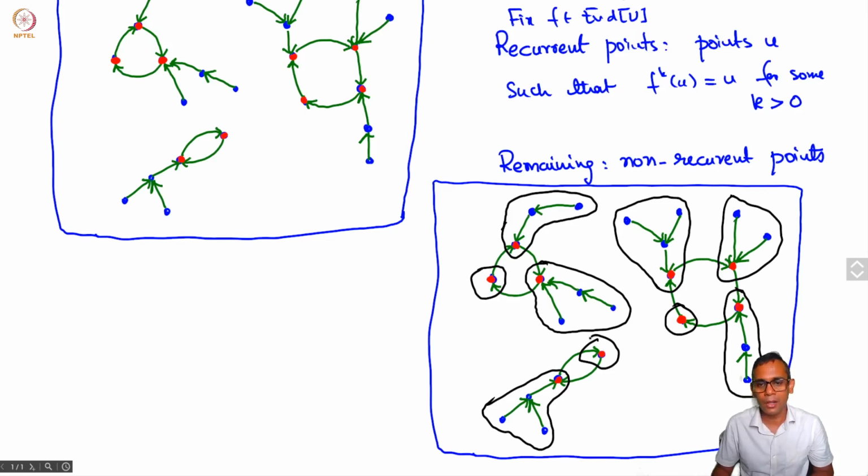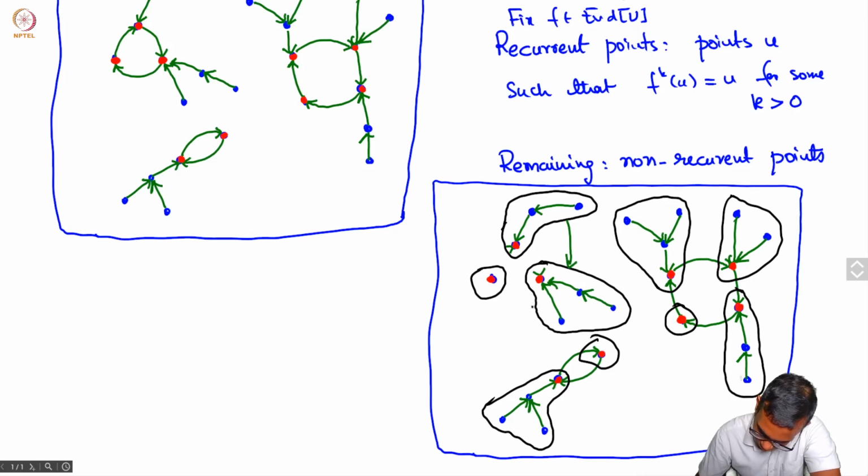And now these cycles, in fact, you can think of them as cycles between the trees themselves. So you can think of this cycle as actually a cycle taking this tree to this tree, this tree to this tree, and this tree to this tree.